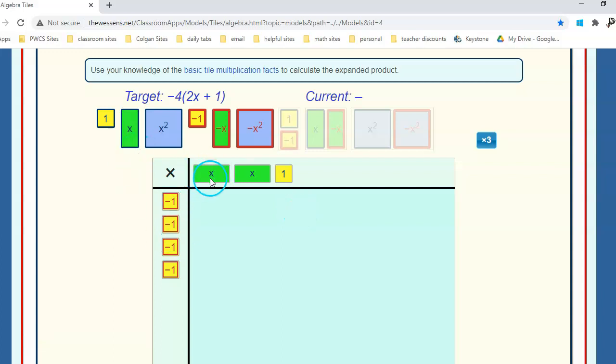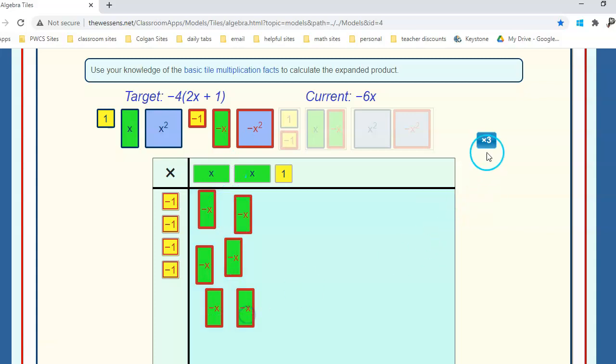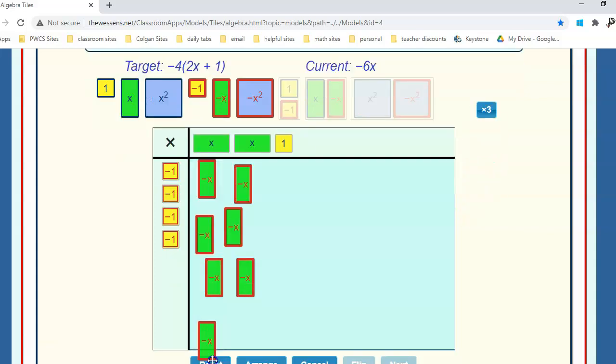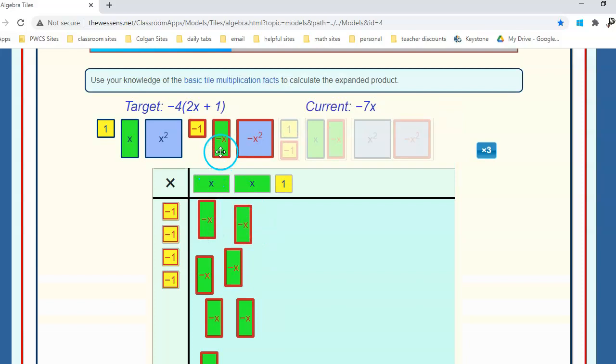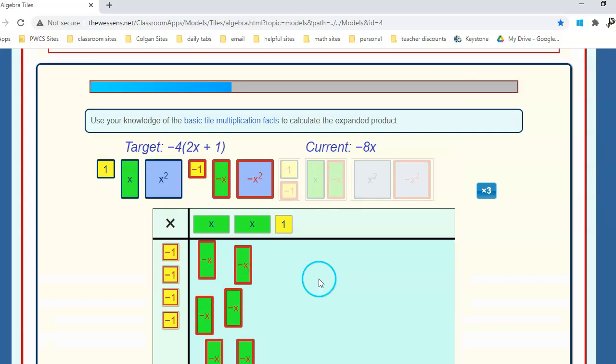Negative 1 times positive x is negative x. That's going to repeat itself. If you are using this site, this times 3 kind of helps a little bit, so you're not dragging and dropping multiple times. Negative 1 times positive 1 is negative 1, so if I click this times 3, it'll put 3 of them there.